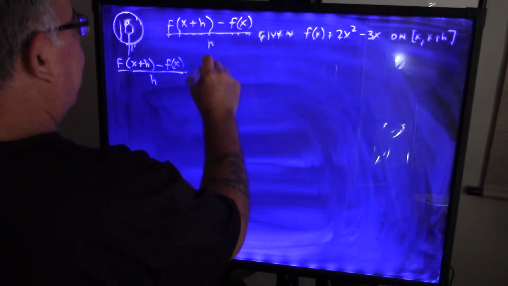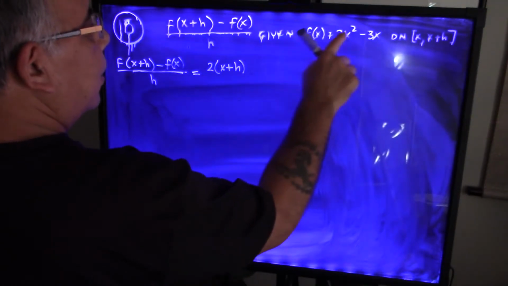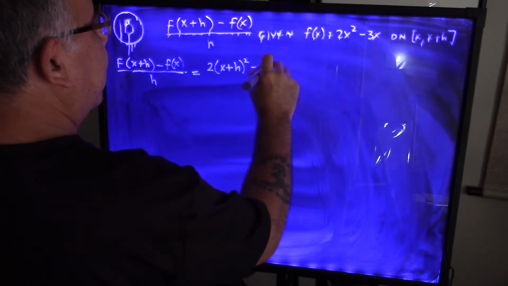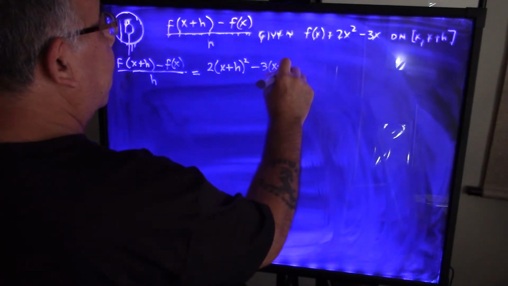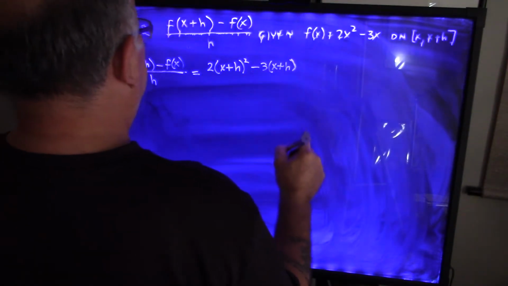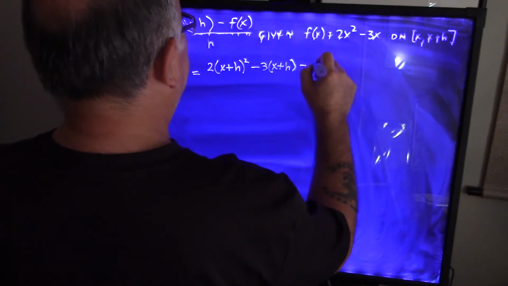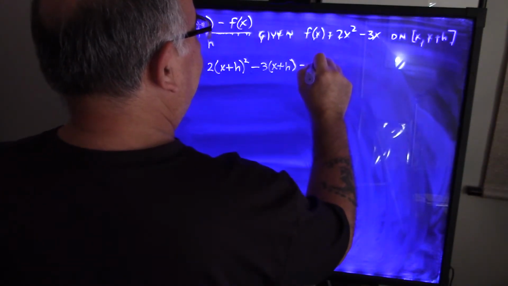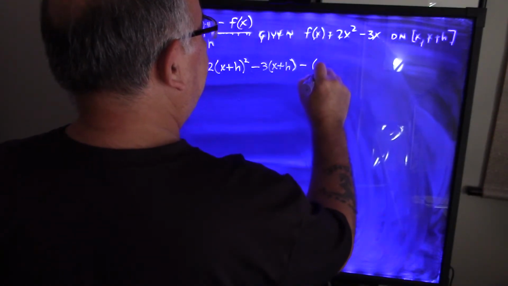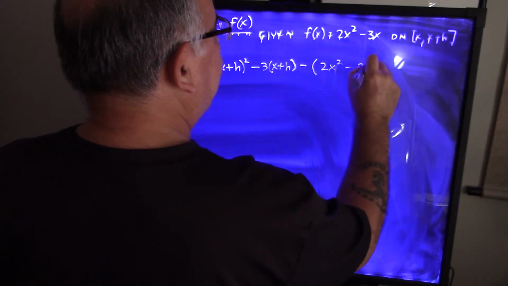So that's 2 times the quantity x plus h squared minus 3 times the quantity x plus h in parentheses. And then you're subtracting f of x, so subtract, and then put some kind of grouping symbol like parentheses and just write f of x. This is minus f of x, 2x squared minus 3x.